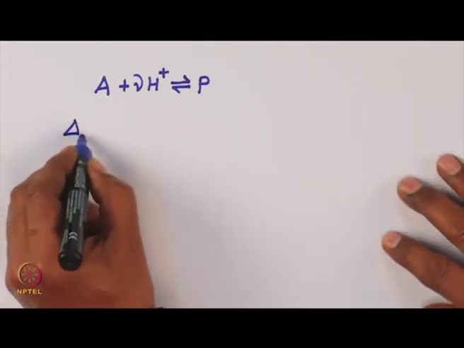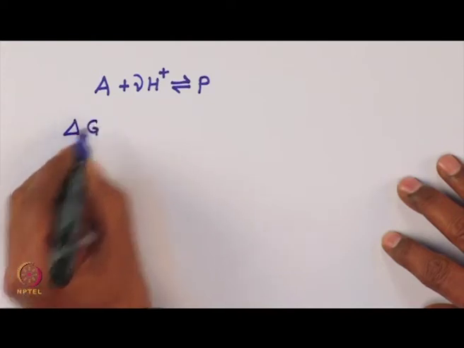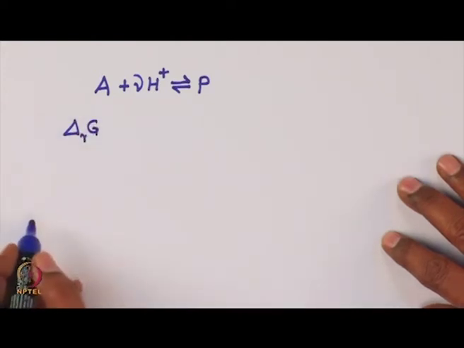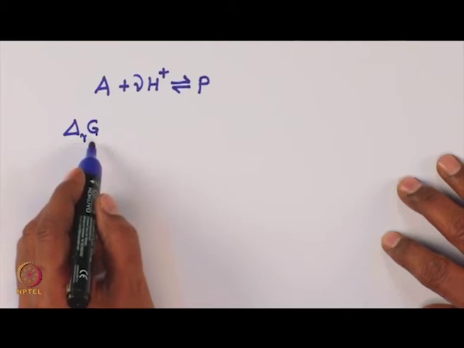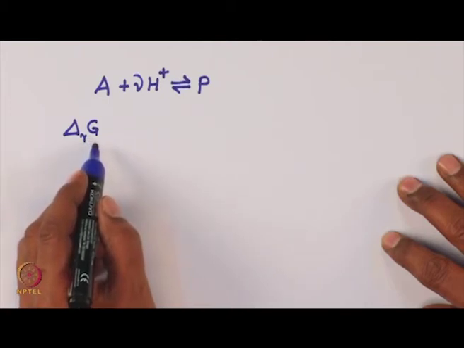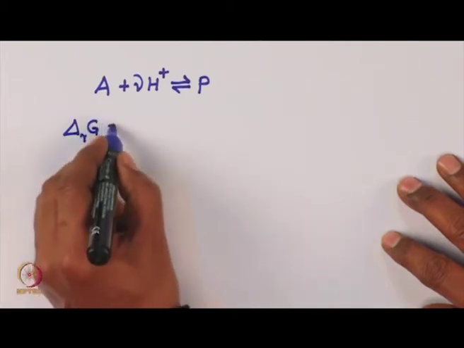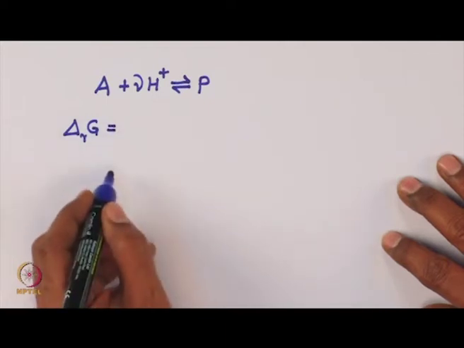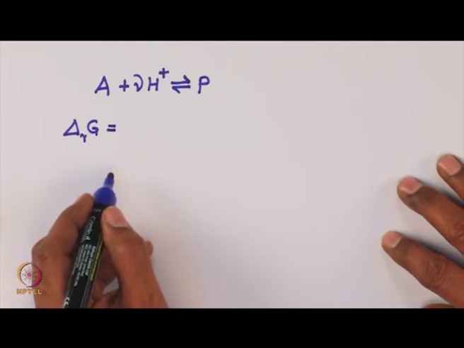The usual way of writing reaction Gibbs energy, which is actually a slope of Gibbs energy versus extent of reaction, we have earlier discussed that this is equal to the difference in chemical potentials of the product and reactants.